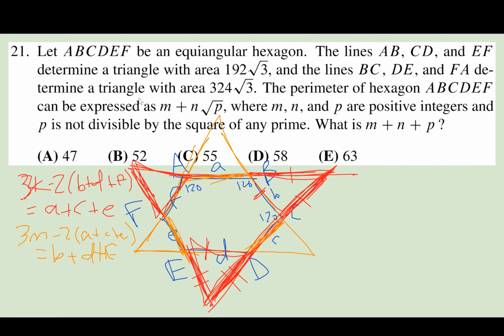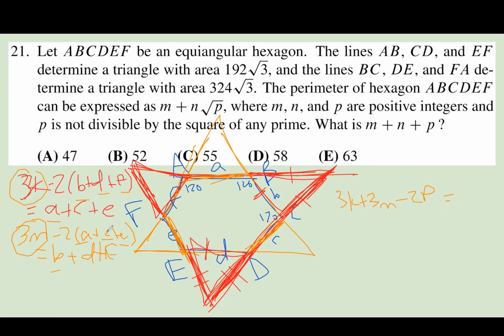So now what I can do is I can say, well, notice how if I added these two equations together, right? Notice how if I do 2 times B plus D plus F plus 2 times A plus C plus E, that gives me 2 times the perimeter of the hexagon. So if I add these equations together, I'll have 3K plus 3M minus 2 times B plus D plus F plus A plus C plus E, which is the perimeter, 2P, right?